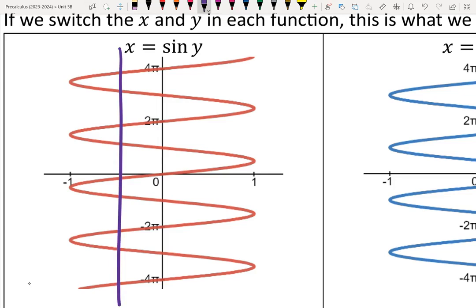No, it does not. So this is not a function of x. So therefore, again, sine is not invertible. Because when we look at its inverse, if I was to just completely flip sine across the line y equals x, this is what I would get. And it's not a function.